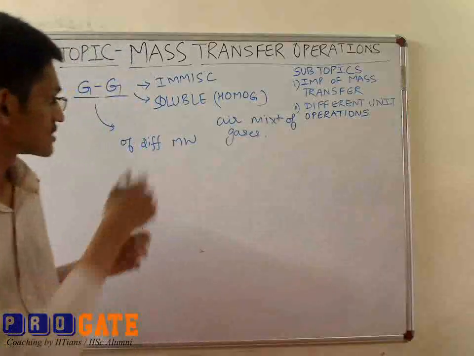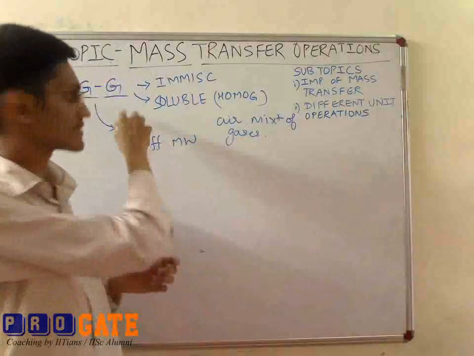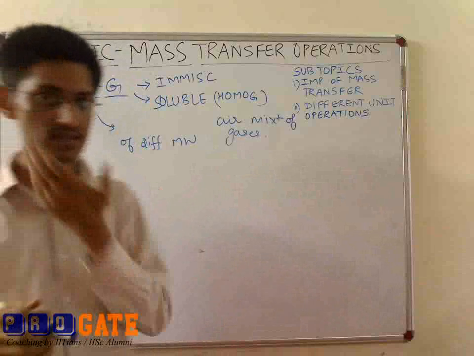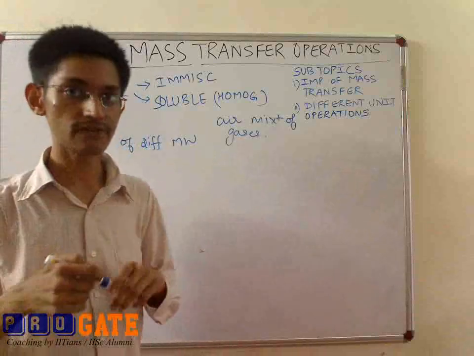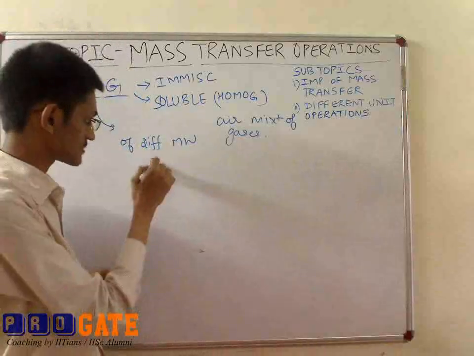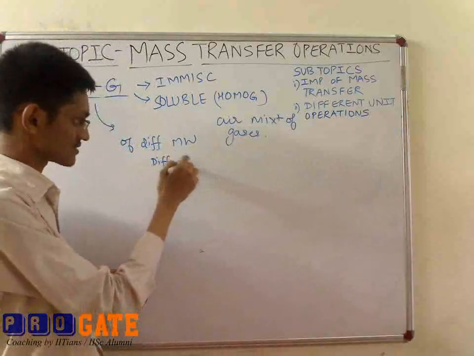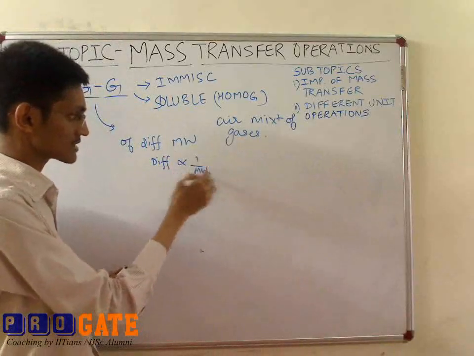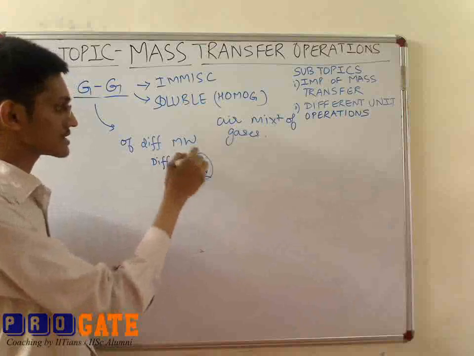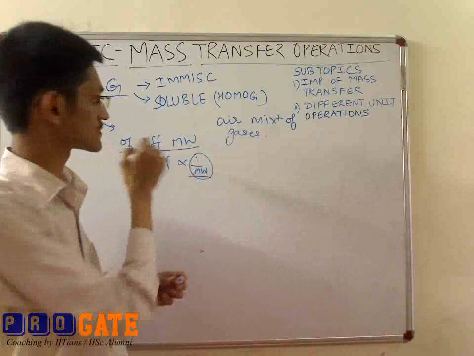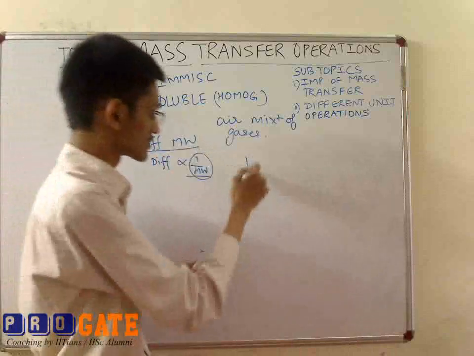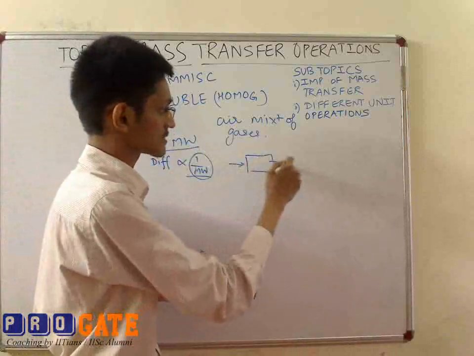Depending on the molecular weight of each solute in the gas phase, the diffusion rate would be different. Diffusion rate is inversely proportional to the molecular weight. So depending on the molecular weight, the diffusion rate of each gas solute from the mixture to the membrane side would differ.